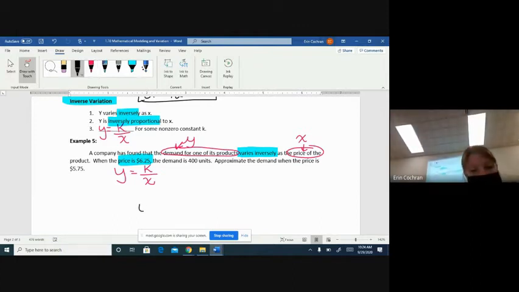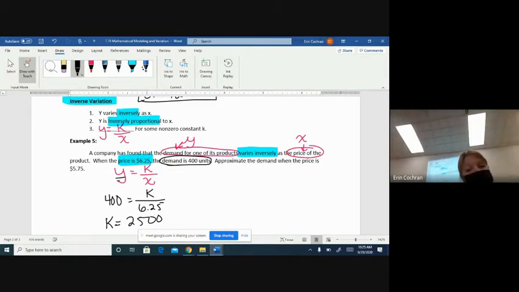The X. The demand is 400, so the 400 goes in the Y. Now, how do I find K? Multiply, so my K is 2,500. Good.